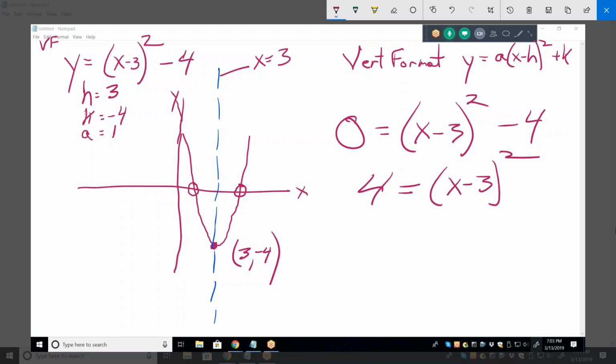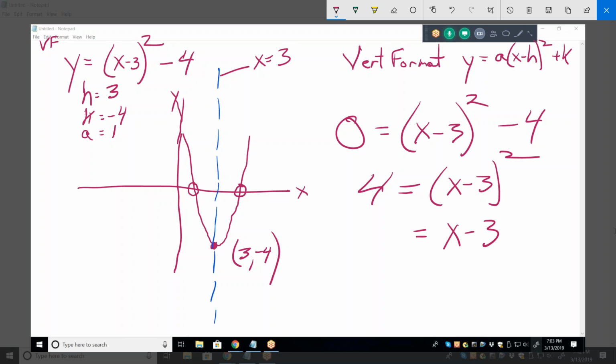That's the key: when you have this kind of problem, you want to solve it by taking the square root of both sides. What's the square root of anything squared? What's the square root of 17 squared? 17. What's the square root of (x minus 3) squared? x minus 3.